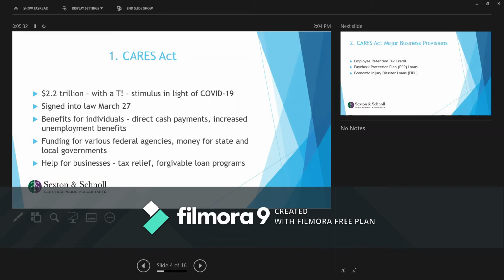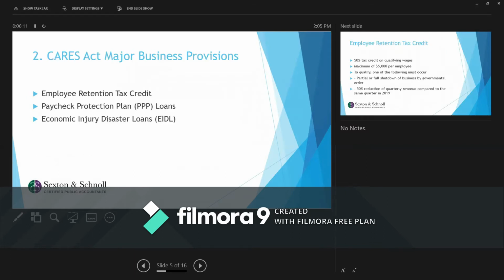At the governmental level, we've got funding for a number of government agencies, federal, state, local, basically money to help governments support and really help all of us in terms of healthcare, in terms of financial aid programs for folks that are hurting right now. And then help for businesses, and that's really what we're going to talk most about today. Some tax relief as well as some forgivable loan programs.